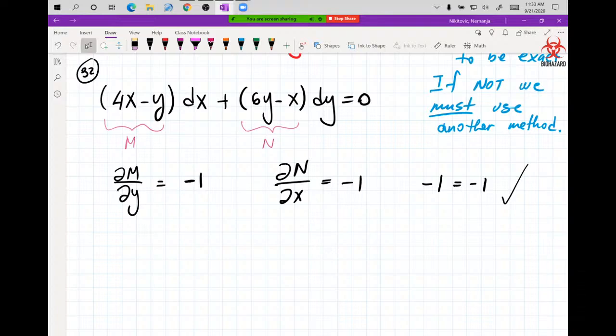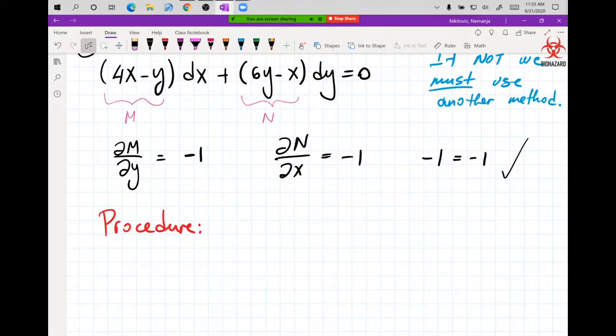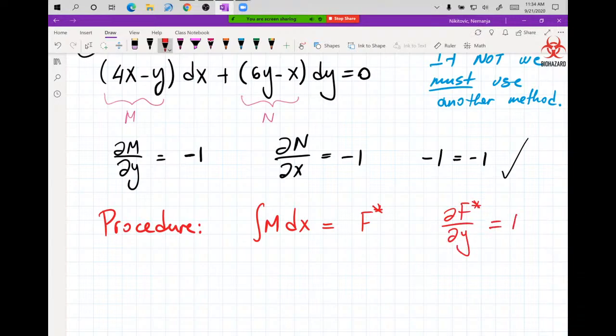Okay, now what's the procedure here? So the procedure is you integrate M in respect to x, and you get some function over here, call it, I don't know, f star, whatever, and then you will take the partial derivative of f star in respect to y and equal that to N, and then go from there to solve it.